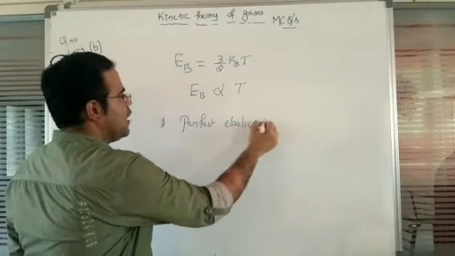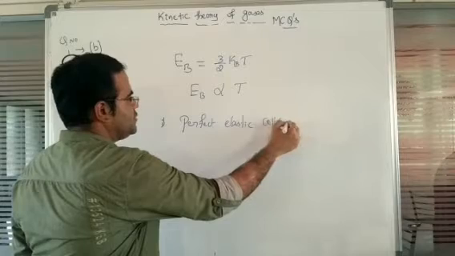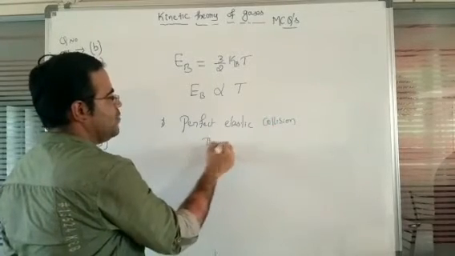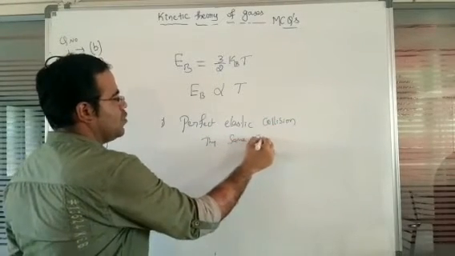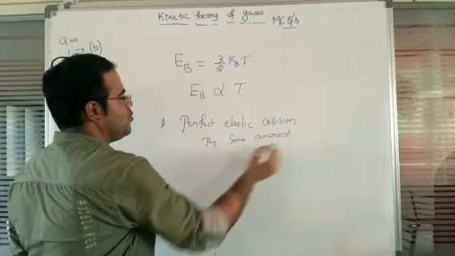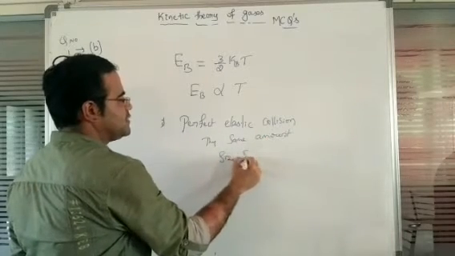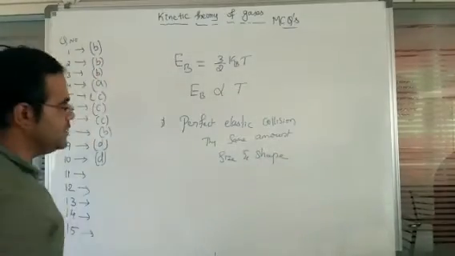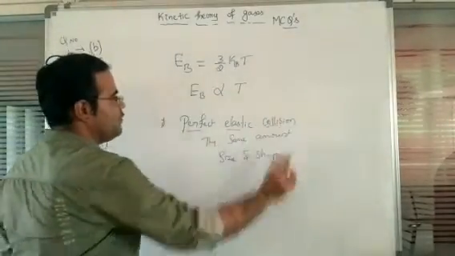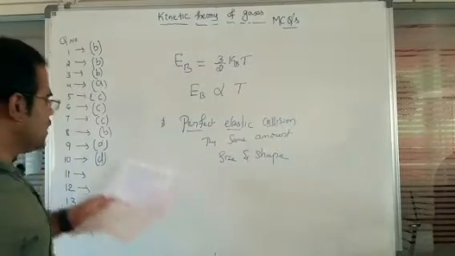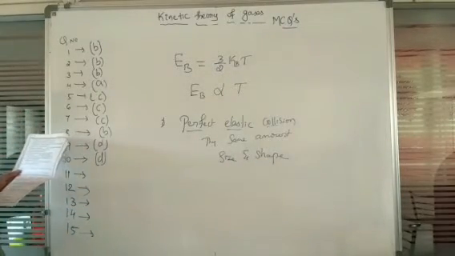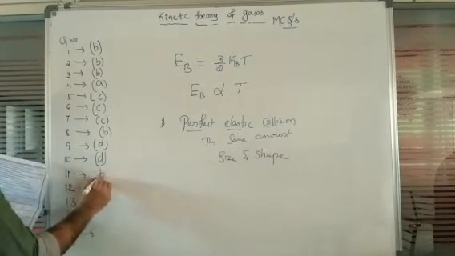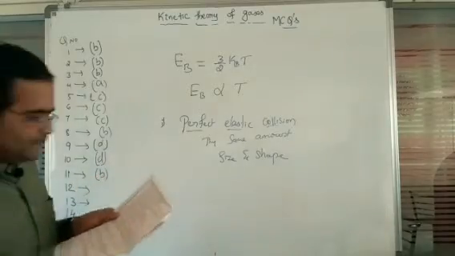The reason is they have the same shape and the same size. So the size as well as the shape of the molecules remains constant. That's the reason they always have perfect elastic collisions. So for question number 11, the option is B, the second one.